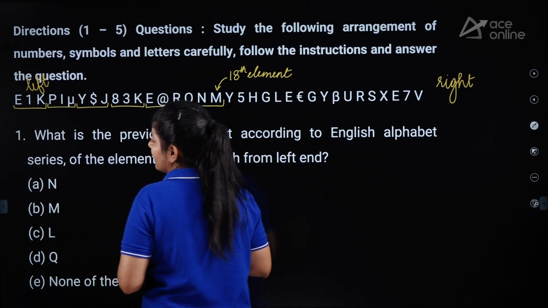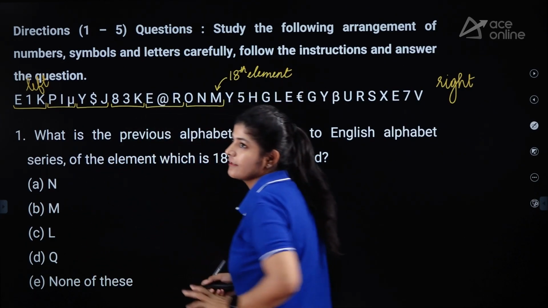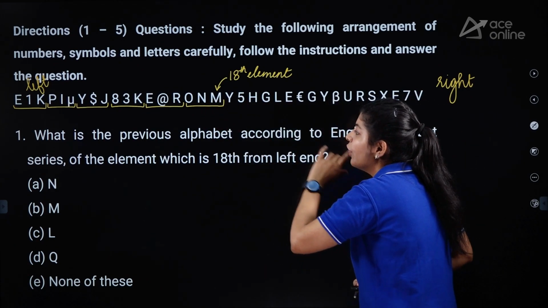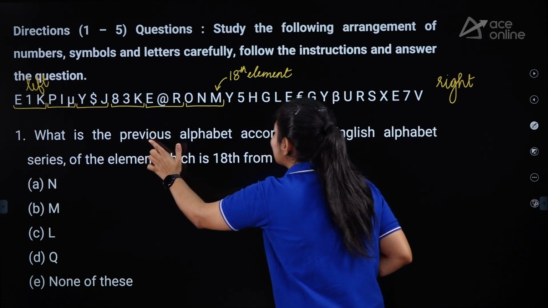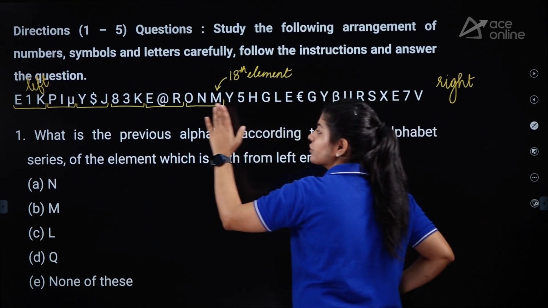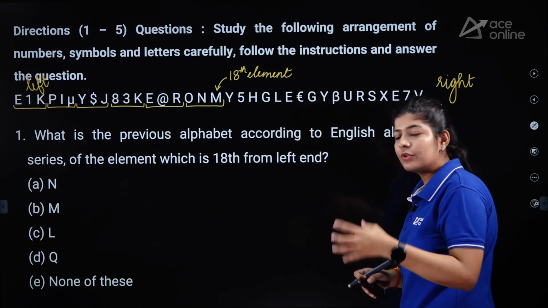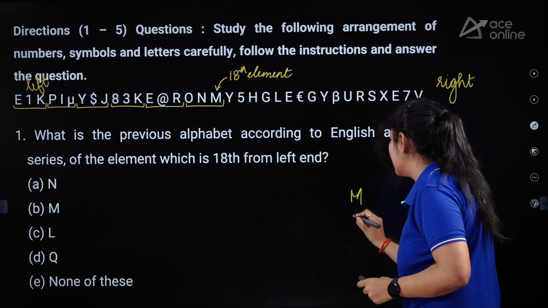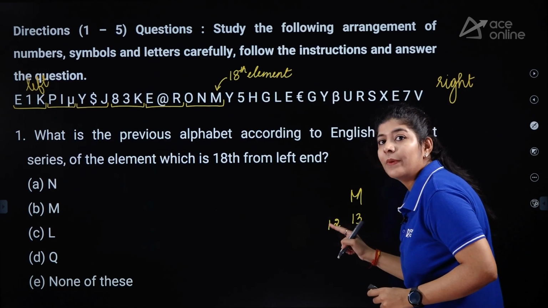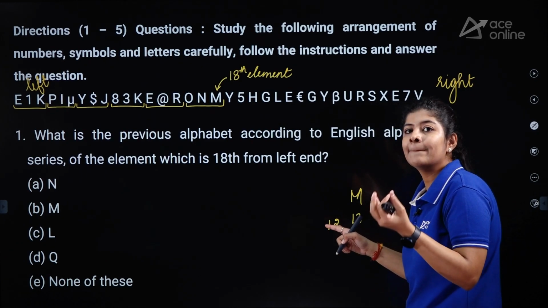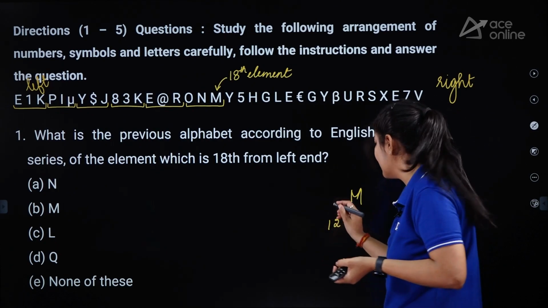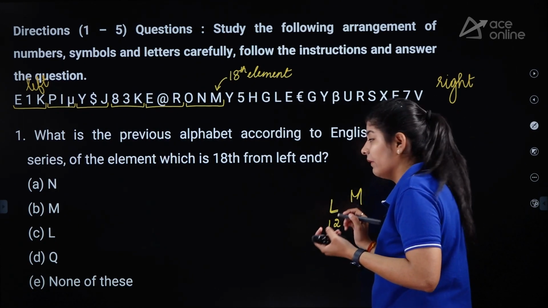If you see here, we are having this as our option as well, but we don't have to answer the same element. What we have to do is focus on the previous alphabet according to the English alphabets. So we know that M is associated with the number 13. So we have to identify the 12th alphabet, and that is nothing but L, right?